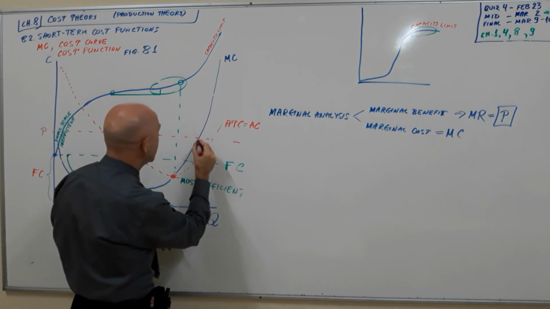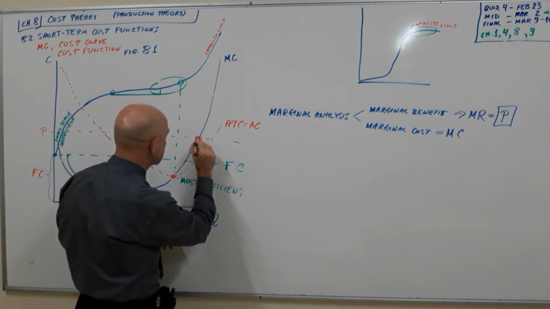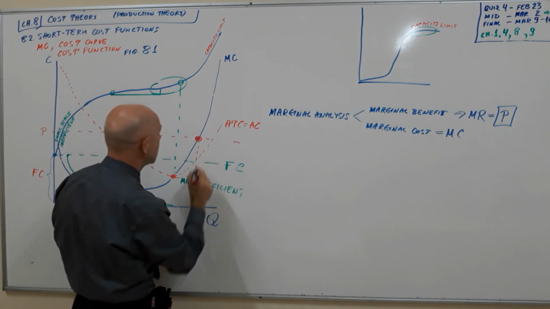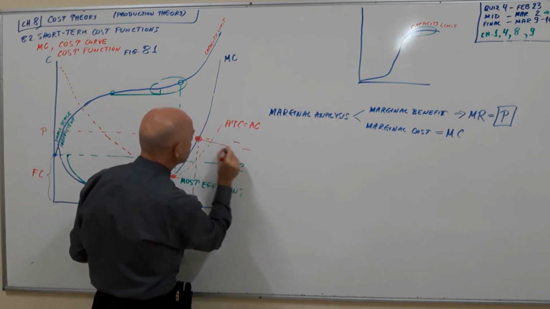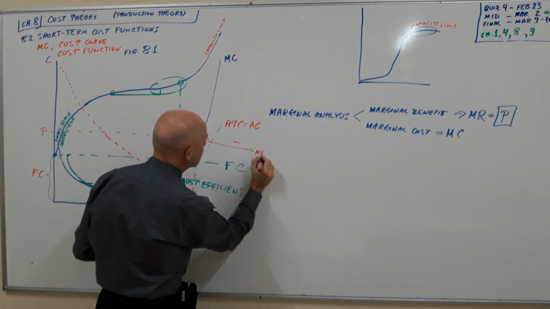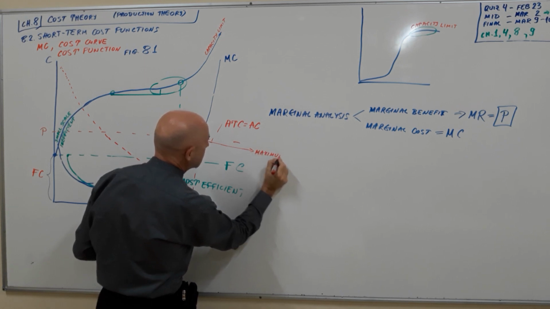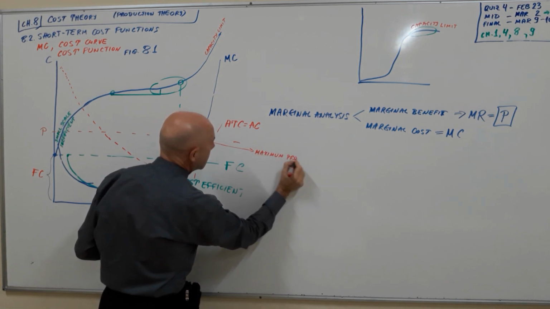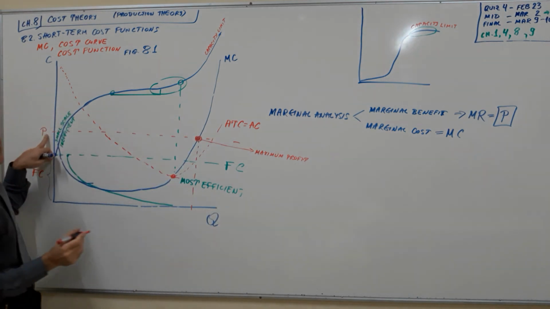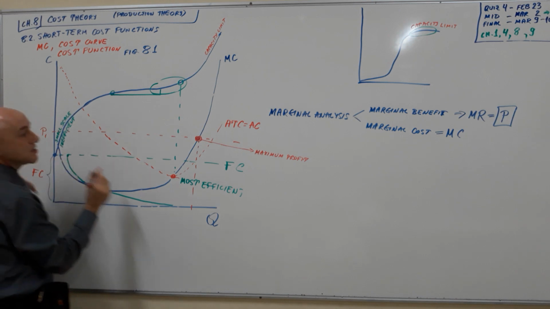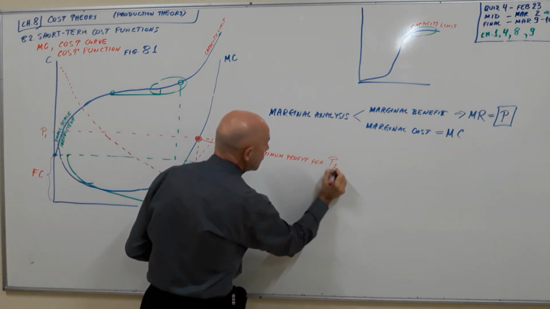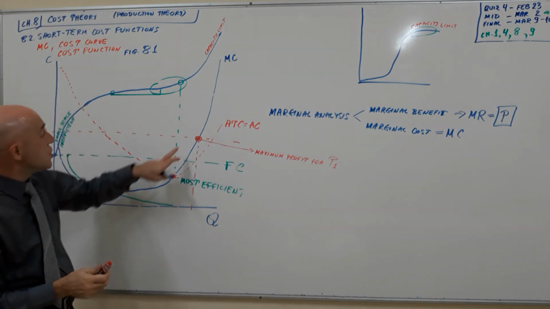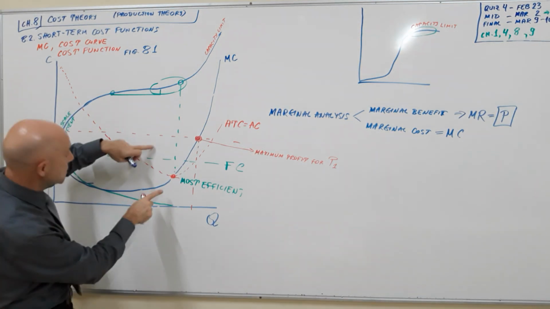So over here is maximum profit. Maximum profit at this price P1. So you will keep producing here.